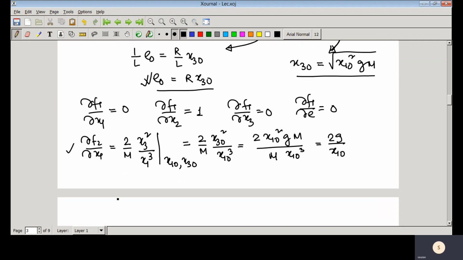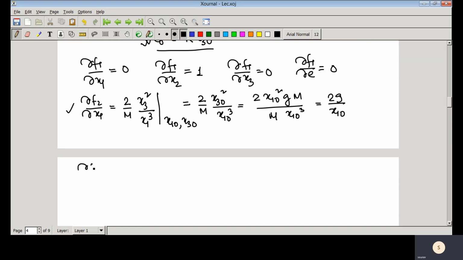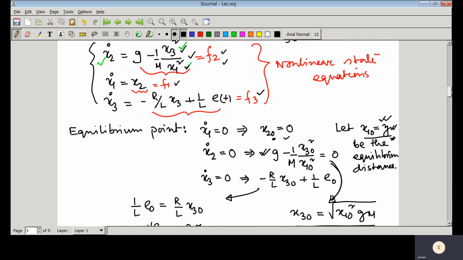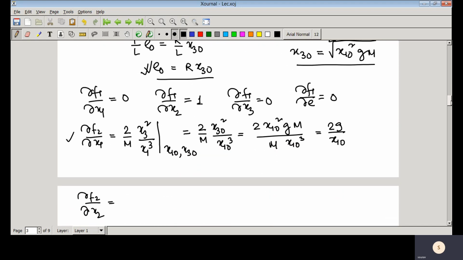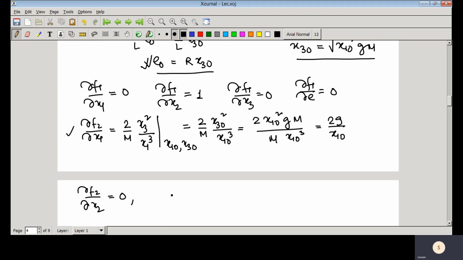Now what is del F2 by del X2? Here F2 is independent of x2, so it is equal to 0. And del F2 by del X3 would be 2 by m times x3 divided by x1 square, found at x30, x10.